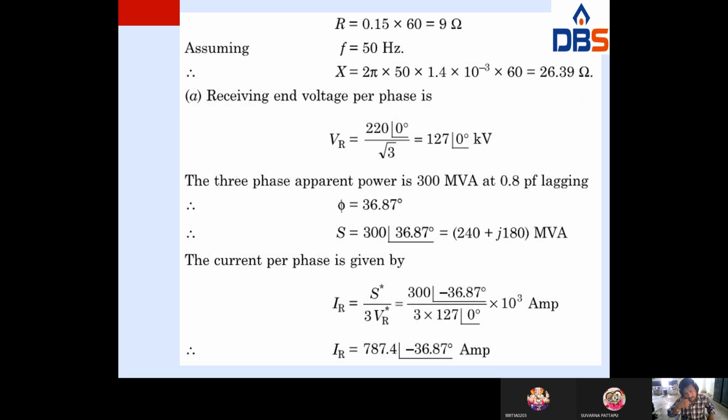R is equal to 0.15 into 60, that is equal to 9 ohms, and the frequency is 50 Hz. X, that is the reactance, is 2 pi f L, that is omega L, right? 2 pi f and 1.4 into 10 power minus 3.